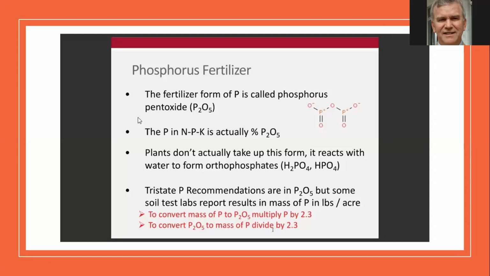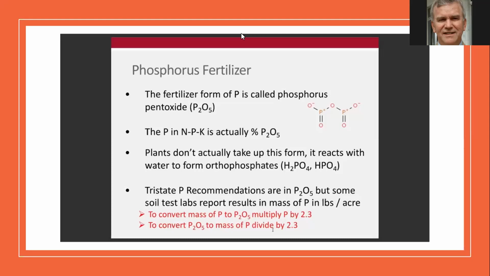You'll see two phosphorus atoms. You'll see 5 oxygen atoms. This is P2O5, and that's the structure of the molecule. The phosphorus in NPK is actually represented as the percent of P2O5.